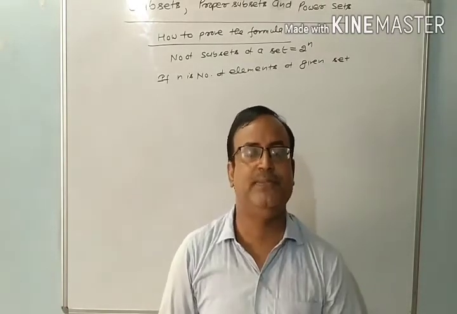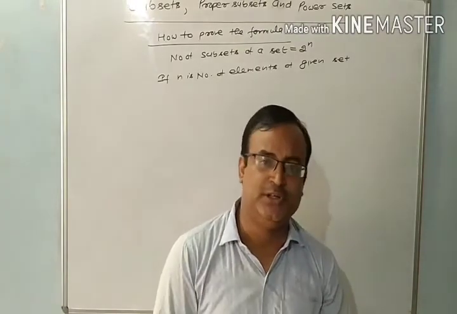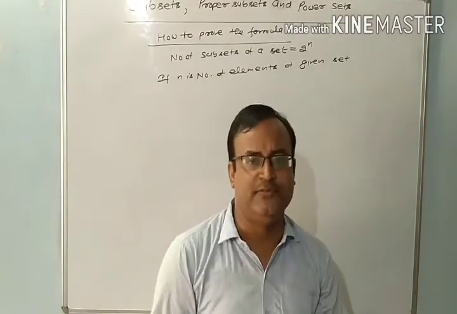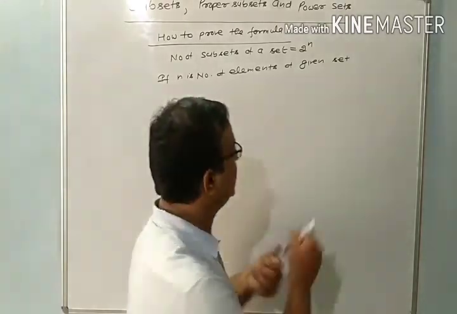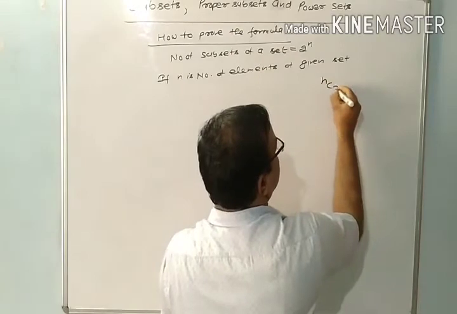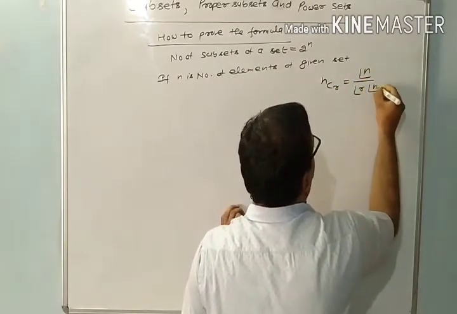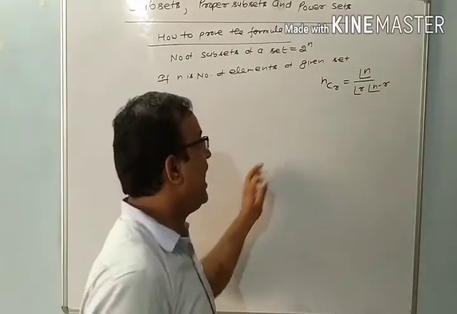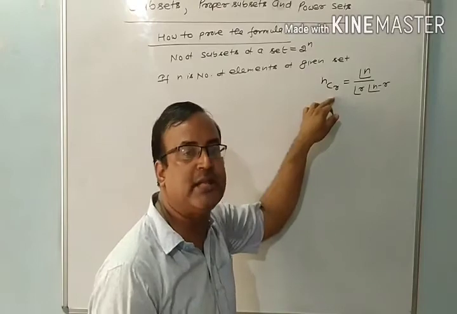C stands for combination. Then we will find the total number of selections. So here again we have to use the formula of combination, which is nCr = n! / (r!(n-r)!). n means the total number of things, and r means the things which we have to select.